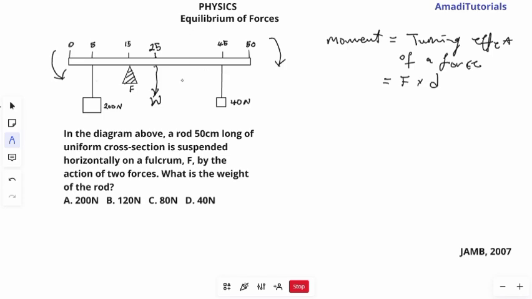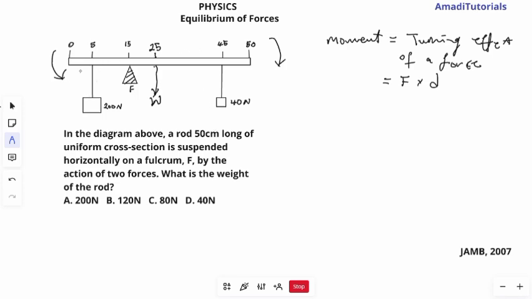The principle of moment states that the total clockwise moment is equal to the total anti-clockwise moment. What am I trying to say? If a system that is suspended by forces and has a fulcrum or pivot is in equilibrium, it is not tilting to one side or the other.